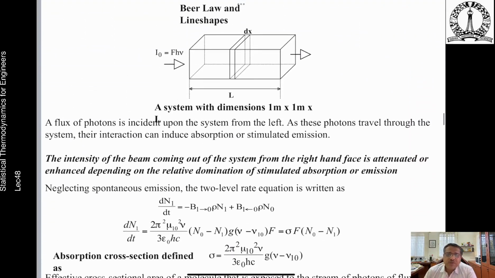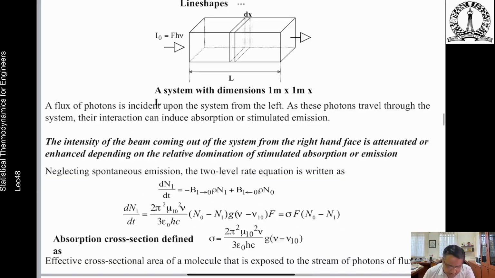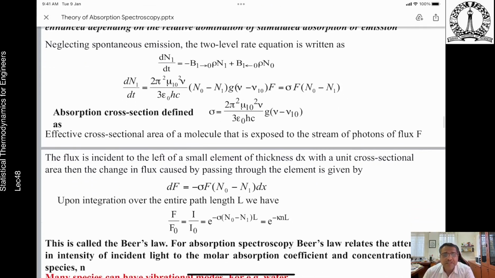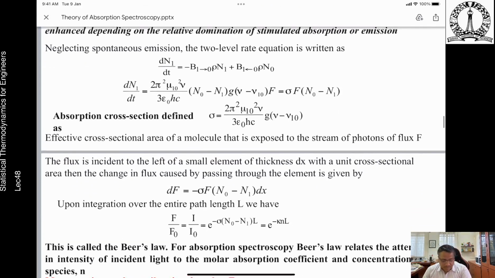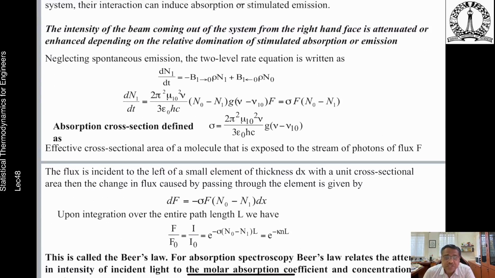We also covered what we call Beer's law, which takes into account that if there is incident radiation from the left and it progressively gets absorbed within a medium which has a particular concentration of the species that absorbs the radiation, and if the radiation is tuned to that particular wavelength, then we get what we call the absorption cross section, which is defined right over there.